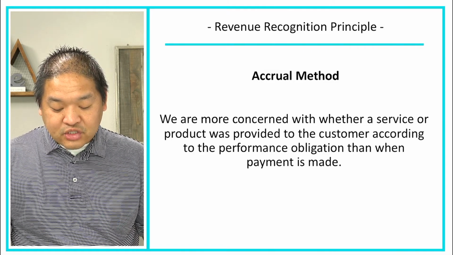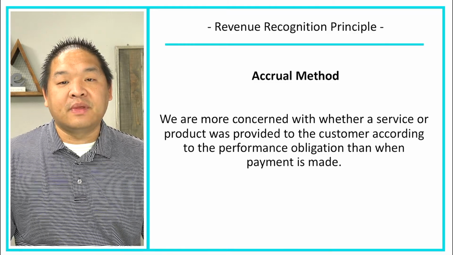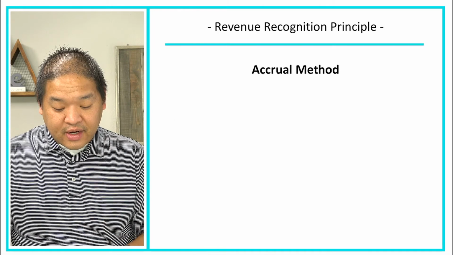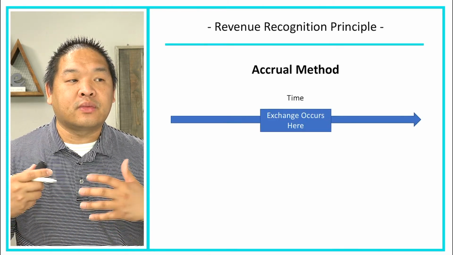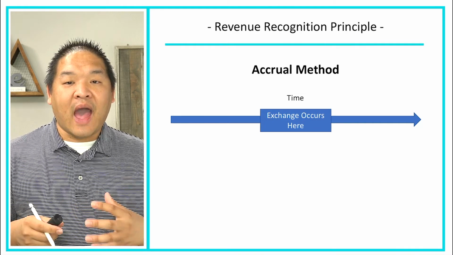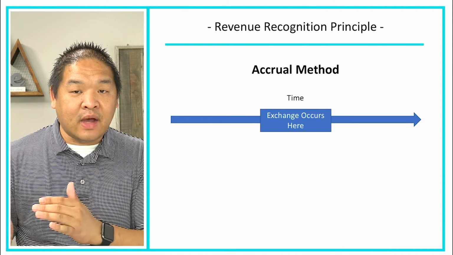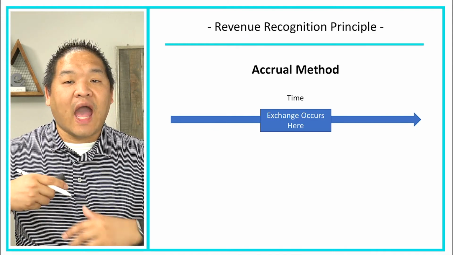Now, we're more concerned whether or not a service or product was provided to the customers according to the performance obligations that we talked about in the last lesson. So that's our main goal there. Now, the way that I like to think about the accrual method is there's really 3 times that cash can impact a revenue situation. So I've got this timeline on your screen here, and let's assume that right in the middle is when an exchange actually happens.